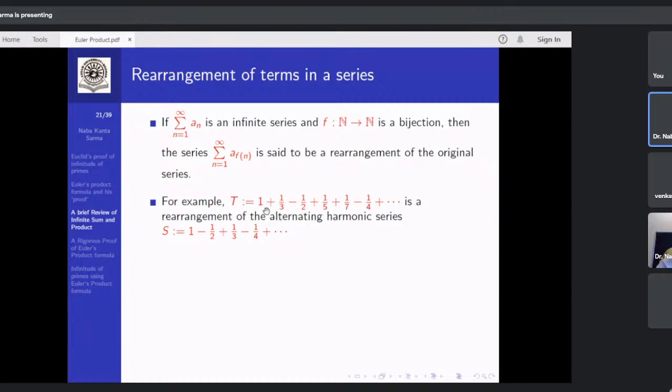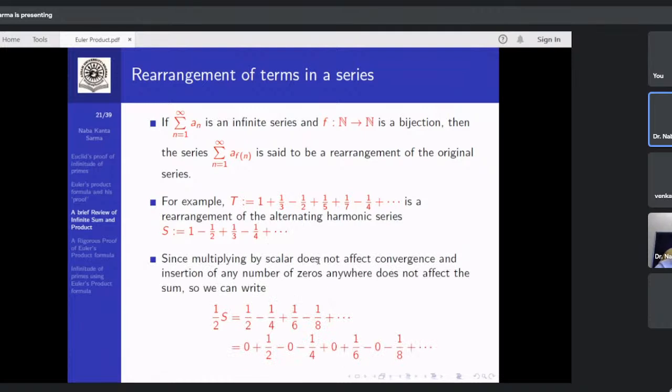We have written here two positive terms, 1 plus 1 by 3, and then we have taken the second term, that is minus half. Then again two positive terms we have written, 5 and 7. Then again one negative term we have written. In this way, we have written every term of the original series S only once, and we have not dropped any term. In a one-to-one fashion, we have related. So this T will be called a rearrangement of this series.